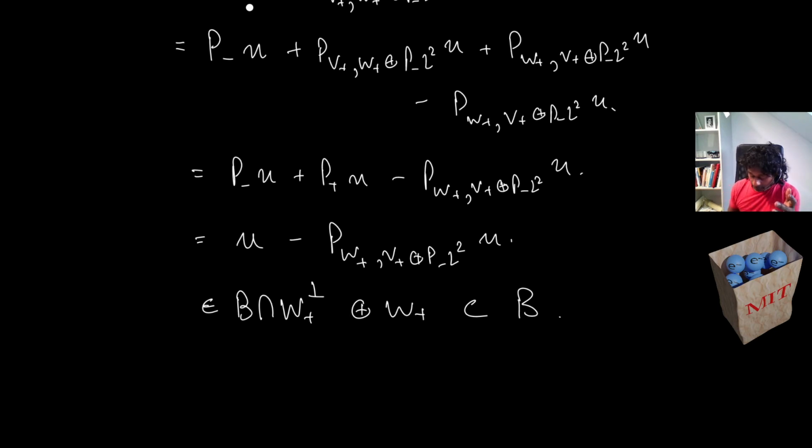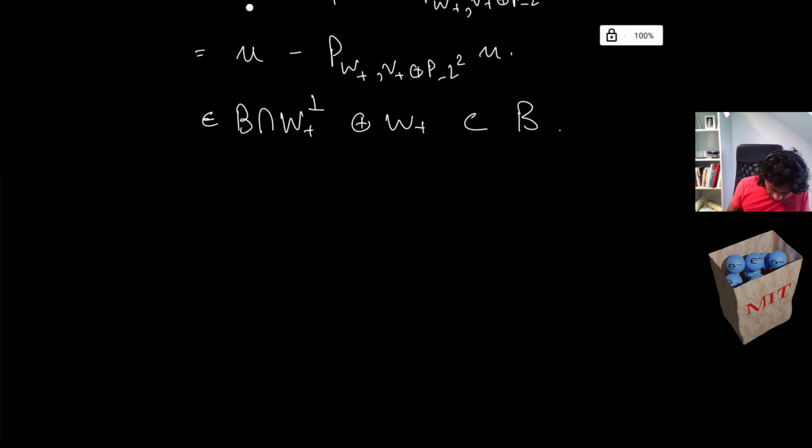So of course, if we replace the V plus plus P minus L2 with a W plus, then it would certainly be true that this quantity is 0, because remember U is in B intersect W plus perp. However, this projector is no longer projecting along the orthogonal complement to W plus. So it could very well be that it has a piece along this complement in W plus. Okay? But for the purpose of the proof, it doesn't matter anyway.